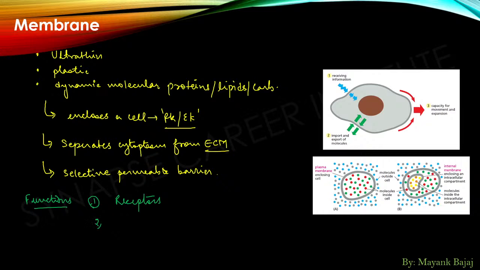Then they also play a role in transport. We have transport channels, various ion channels and all those. It also helps in maintaining homeostasis, as well as it helps in establishing certain diseases, because of the receptors which are present on the plasma membrane.